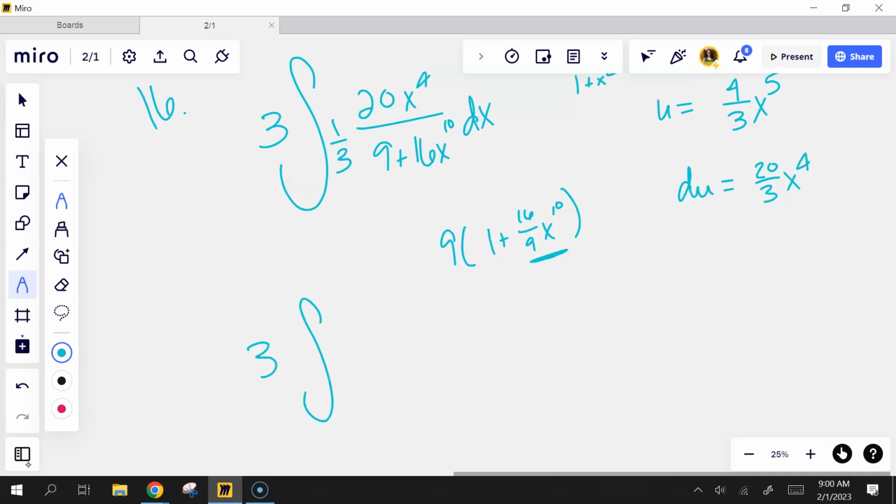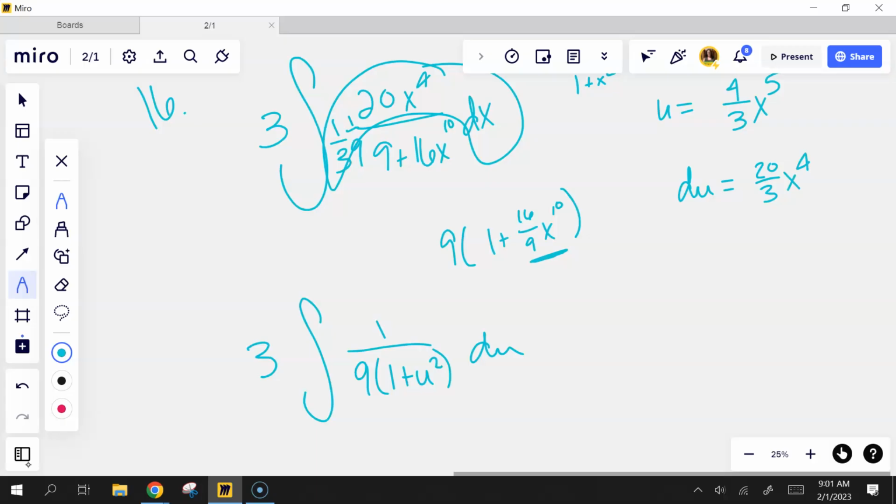Here's my du. So I've got 1 over, oh, I didn't put the 9 out there too. Right? These are hard, y'all. These are really hard.